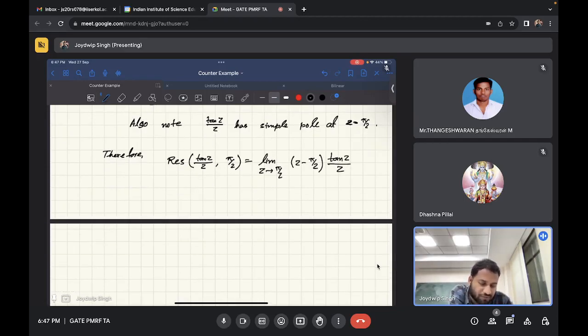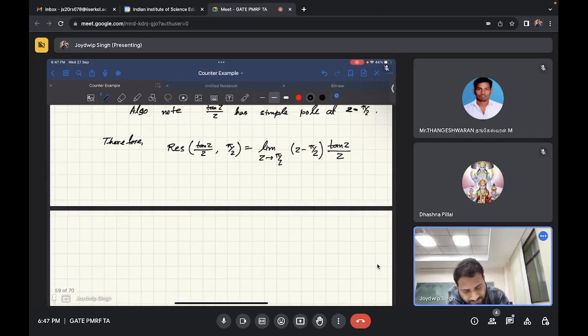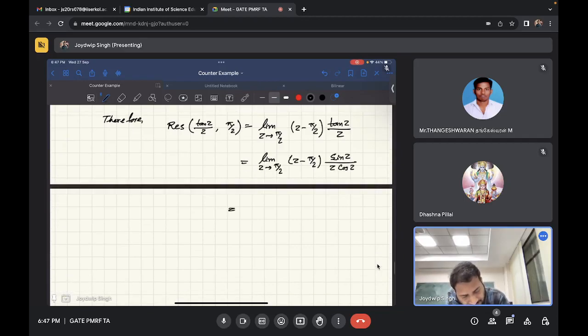Basically in complex form you can also use L'Hopital's rule, but let me do it otherwise. So basically this is (z minus pi by 2) into sin z by z cos z. Note that as z tends to pi by 2, sin z is basically 1, sin pi by 2, and this has no problem, so we can take the limit.